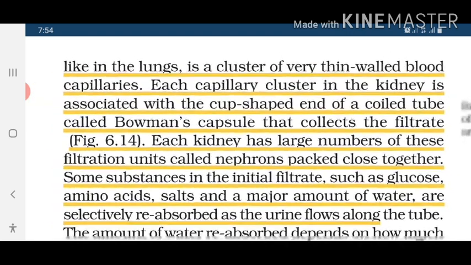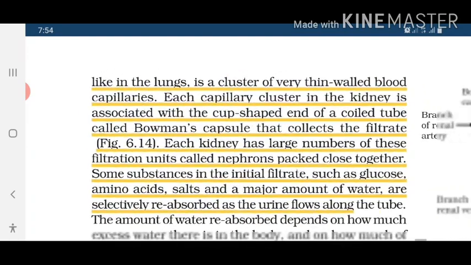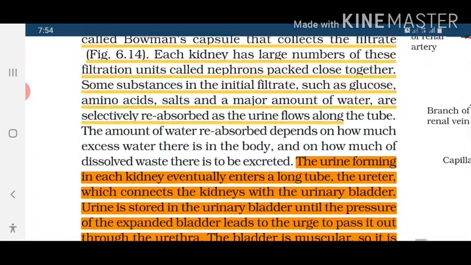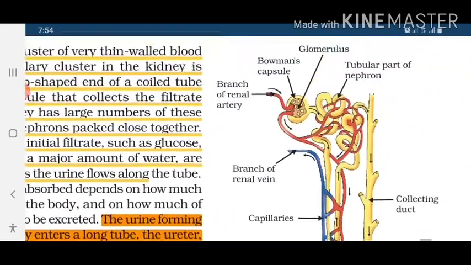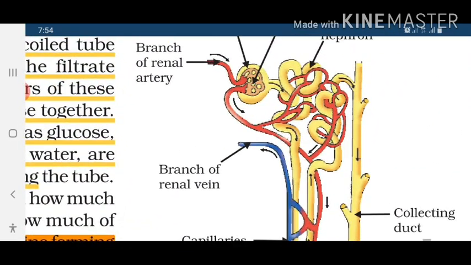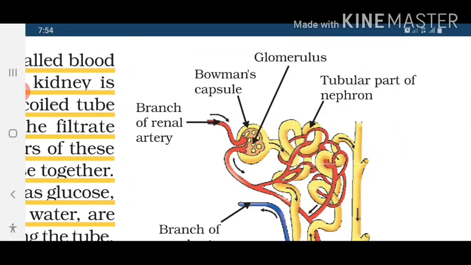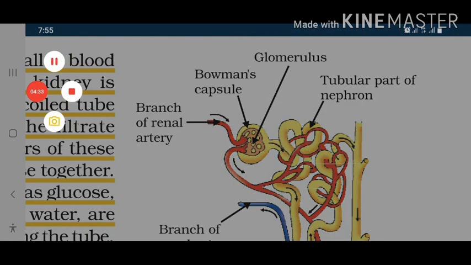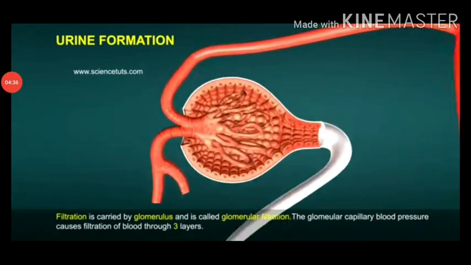Glucose, amino acids, salts, and water are selectively reabsorbed as urine flows along the tube. Cup-shaped structure is known as Bowman's capsule, and a cluster of blood capillaries is known as glomerulus. And there is tubular part of nephron, as urine is passed through the tubular part, and one end of tubular part is connected to the collecting duct.